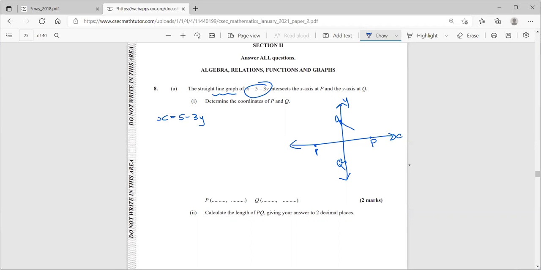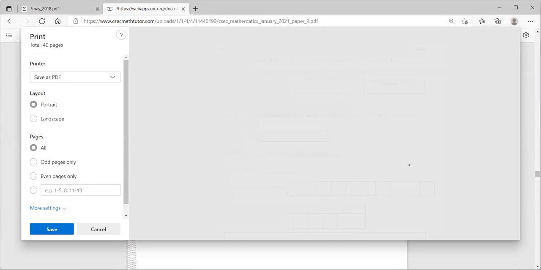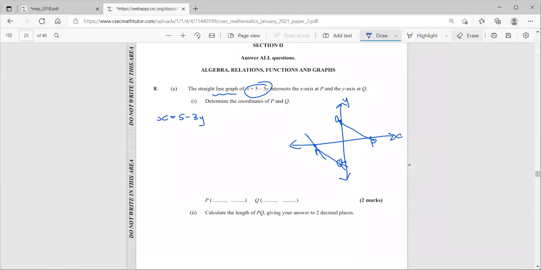The line has to cut the y-axis and the x-axis. Right. So they said the line is going to intersect the x-axis at a point P. So it must cut somewhere on this line, and it must cut somewhere on this line.